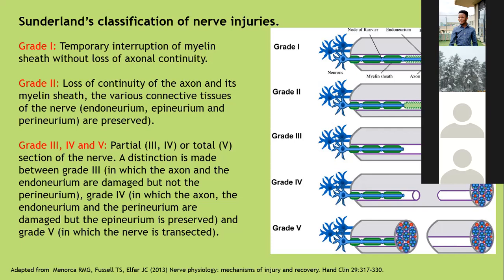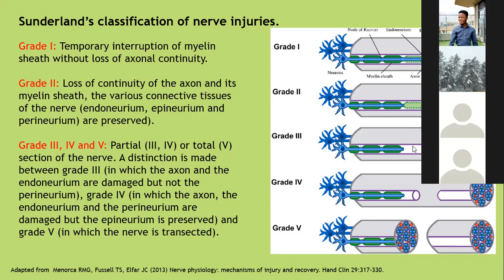Now, when you go to grade 3, you move from the endoneurium, you start causing damage now to the perineurium. So you have caused damage to the perineurium, but the other things are intact. In grade 4, when you cause damage, you cut everything, even the perineurium.